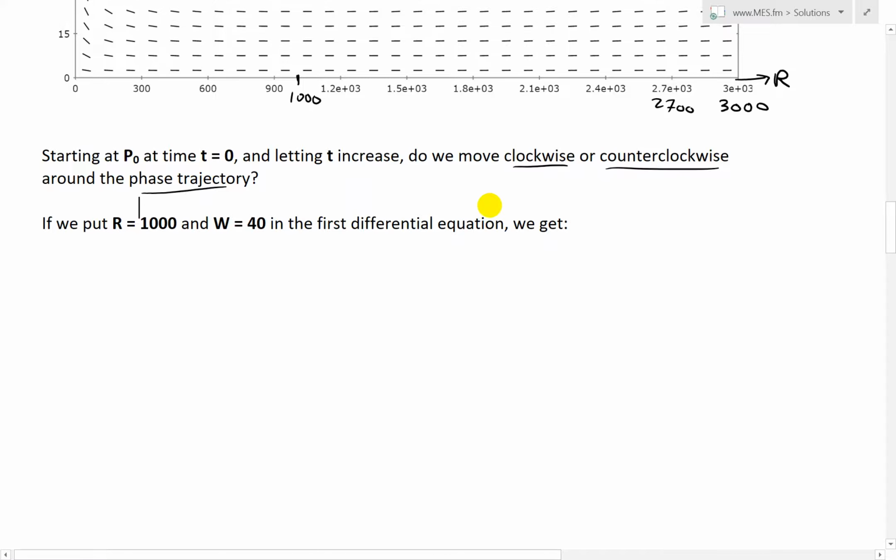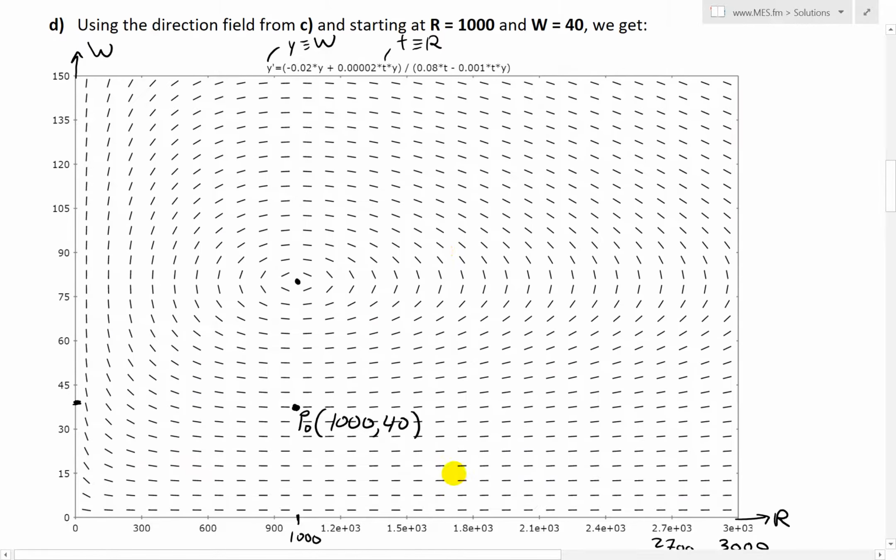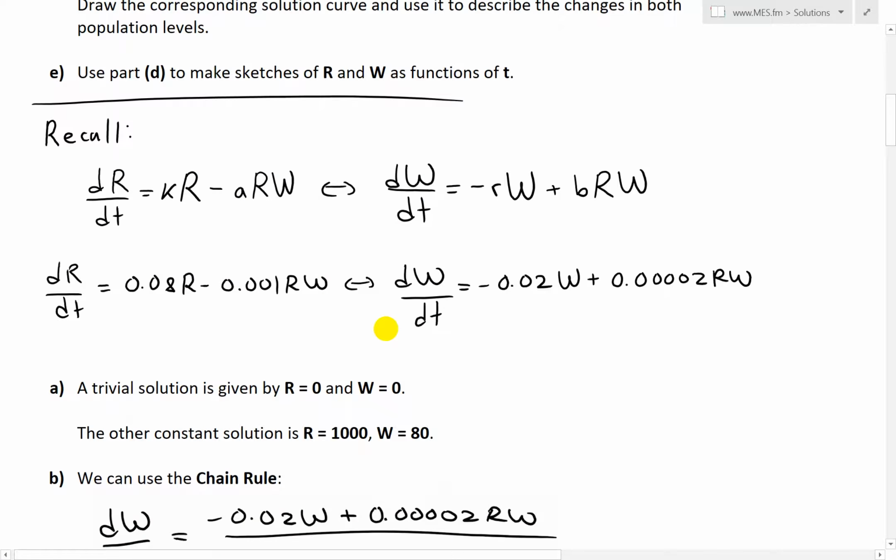So if we put 1,000 in there, let's recall dR over dt is equal to 0.08R minus 0.001RW. I believe that was right. Let's double check. Yes, that's correct.